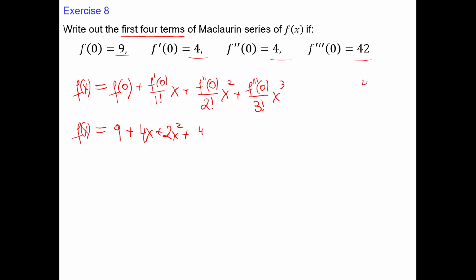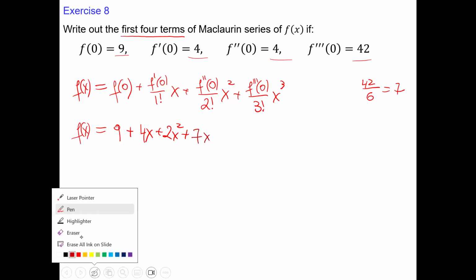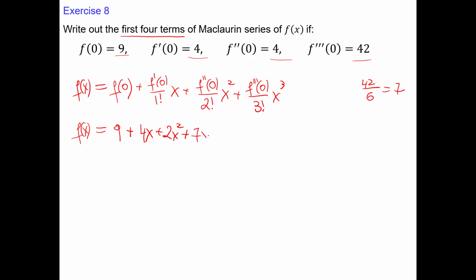That means 42, let's write here, divided by 6, it's 7, because 6 is 3 factorial. Okay, that means this is 7x cubed, and this one I can say is the 3rd degree Taylor polynomial for the function f of x. Nice, really nice.